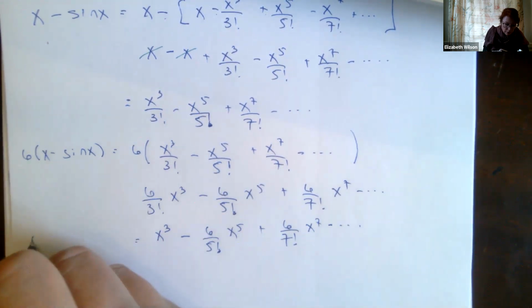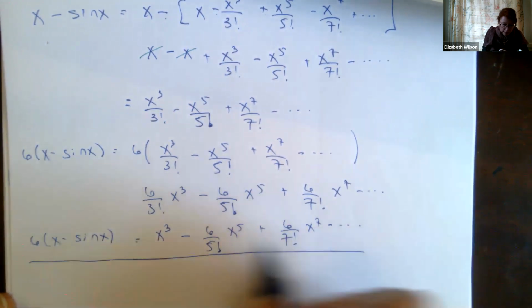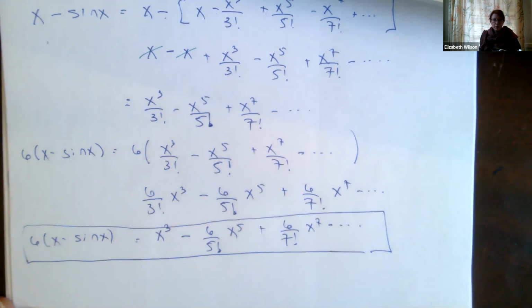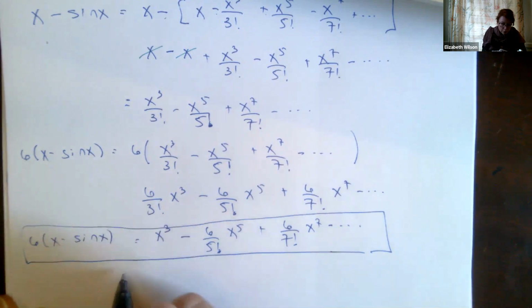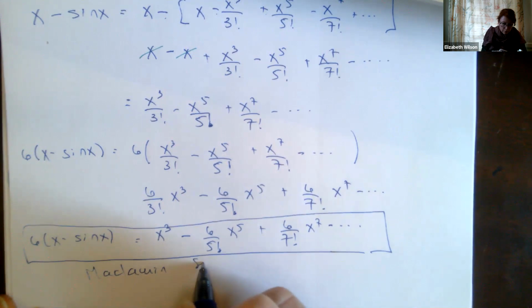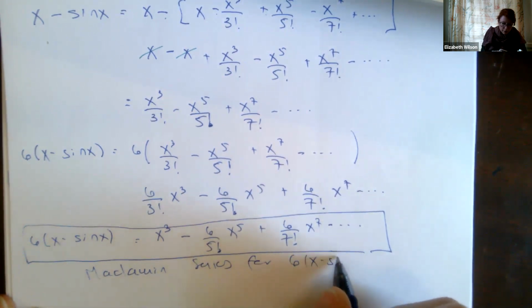So this is equal to 6 times x minus the sine of x. I came up with the Maclaurin series for this function here. Oh, and I put my box through it. So this is our Maclaurin series for 6 times x minus sine of x.